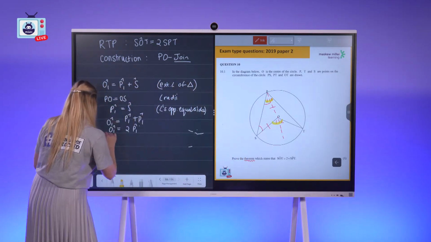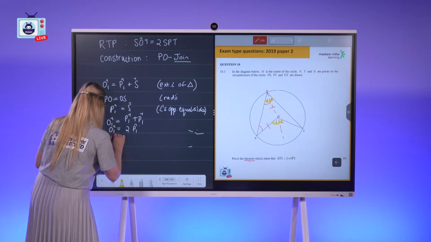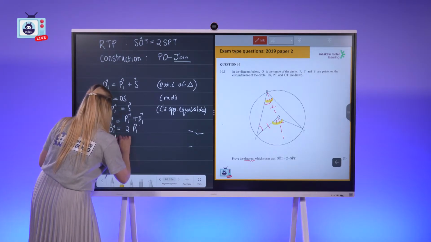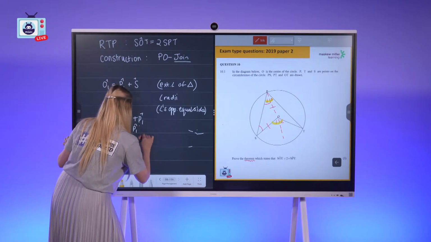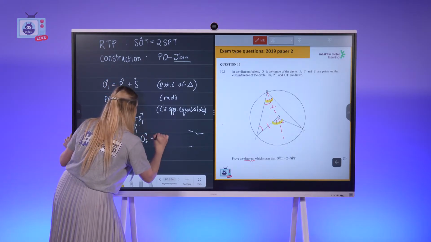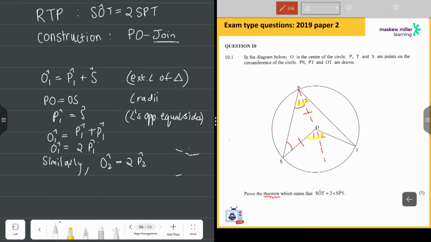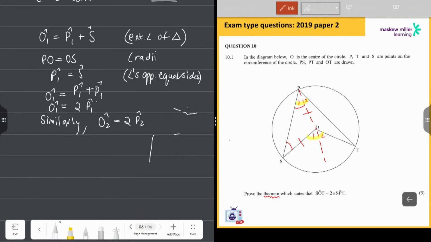So all we say is similarly, if we do the same on the other side, O2 is equal to 2 times P2.